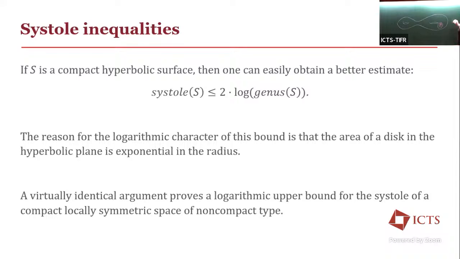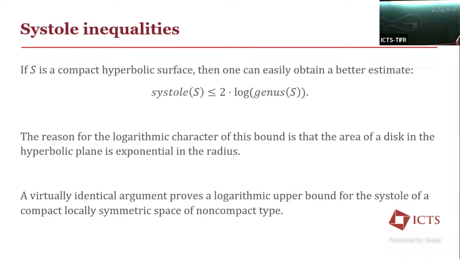So here's the thing, the area of the disk is approximately pi times e to the r. So here's what's going to happen. The moment our disk intersects itself, you get a non-contractible closed loop whose length is going to be less than twice the radius.